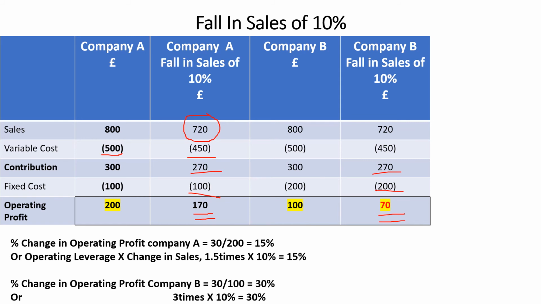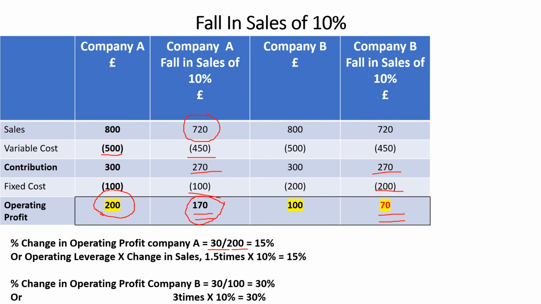Well, think about it. Initially, the operating profit was 200. It changed to 170. So the difference is a change in operating profit of 30. The initial operating profit being 200 means a change in operating profit of 15%.